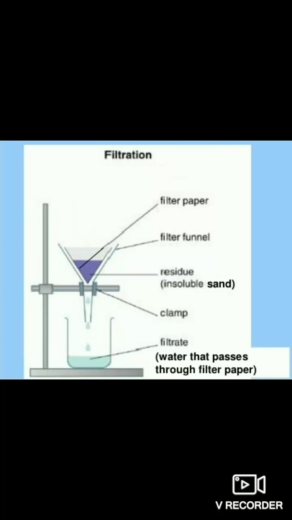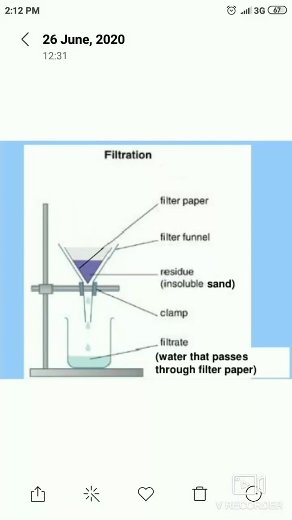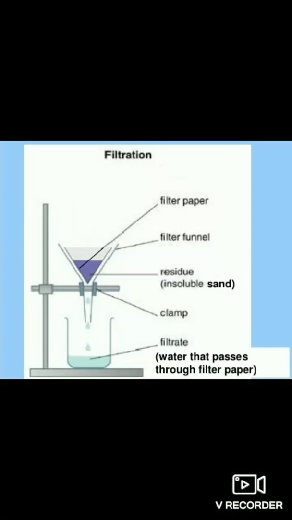What you have to do now is take the mixture of chalk powder and water in a beaker. Then take a circular piece of filter paper and fold it into half and then into a quarter.